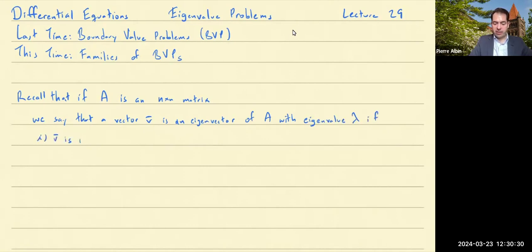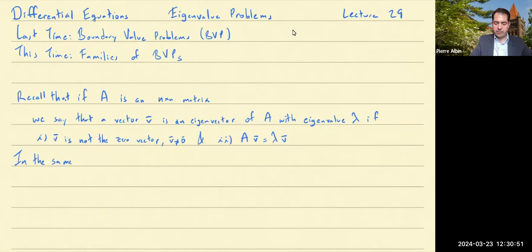V is not the zero vector, and A times V is equal to lambda times V.